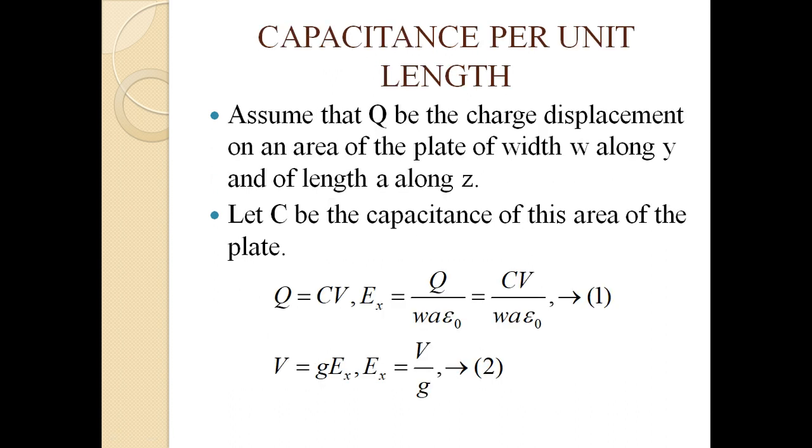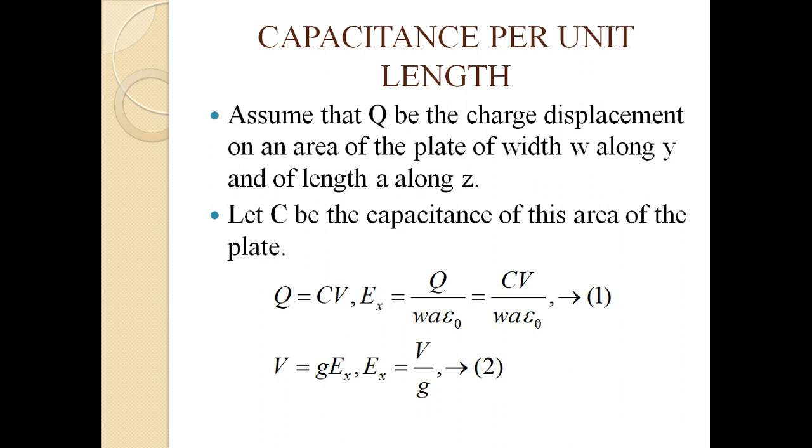Now we can derive the capacitance per unit length. Assume that Q be the charge displacement on an area of the plate of width W along Y and of length A along Z, as shown in the above figure. Suppose C represents the capacitance of this area of the plate.